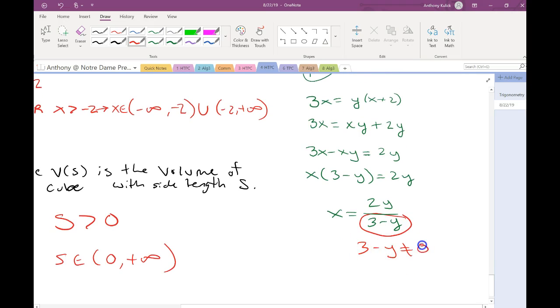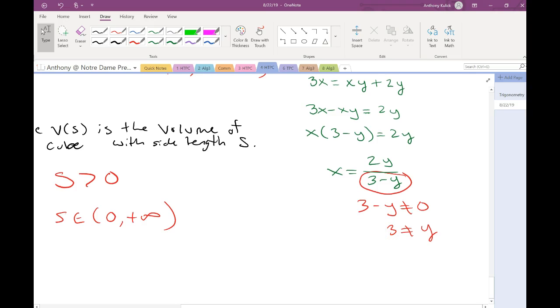Because this is the denominator of a fraction, I need that 3 minus y is not equal to 0. So I know that y cannot be 3. So then I can say y is a member of negative infinity to 3 union 3 to positive infinity.